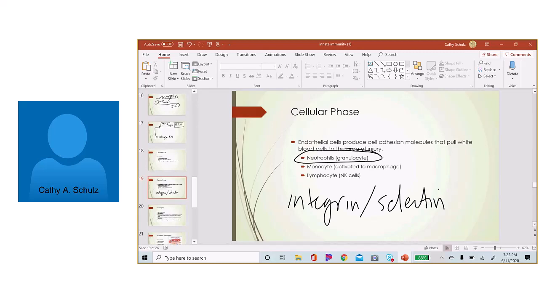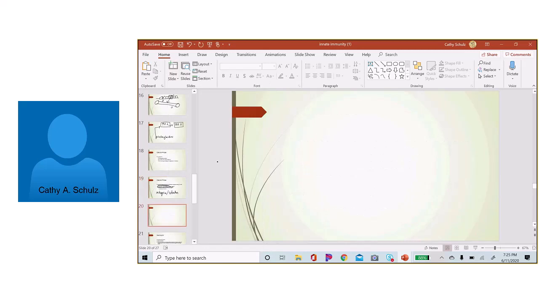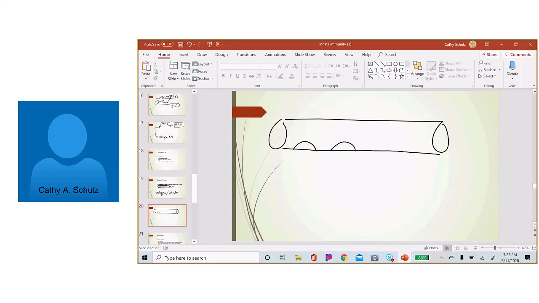The first thing that helps determine our exudate is the neutrophils. Those are the first of the cellular response. So we have our vessel, we have those endothelial cells that have contracted.